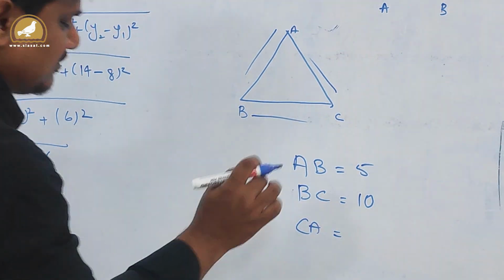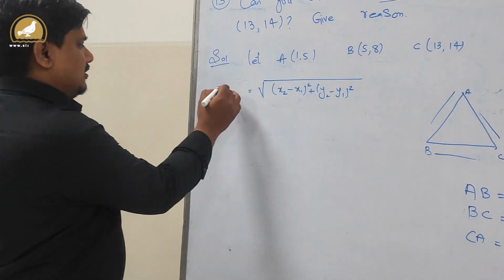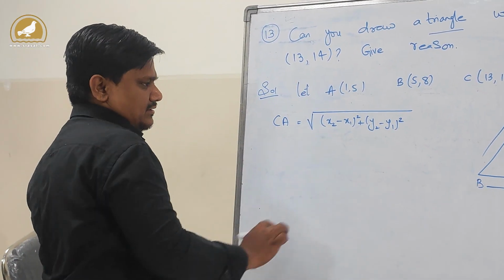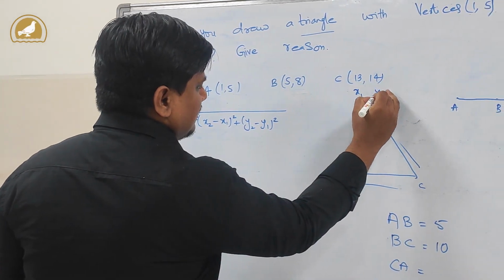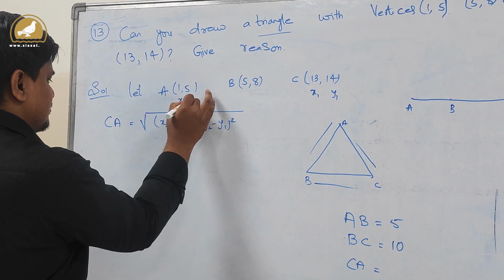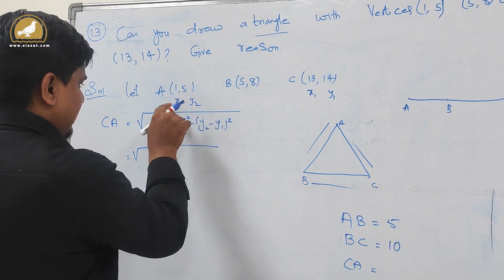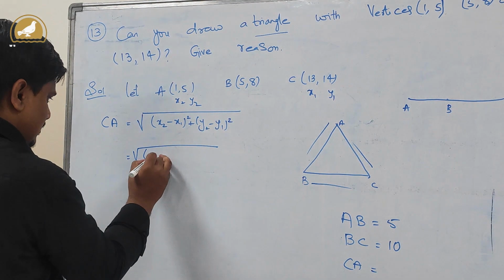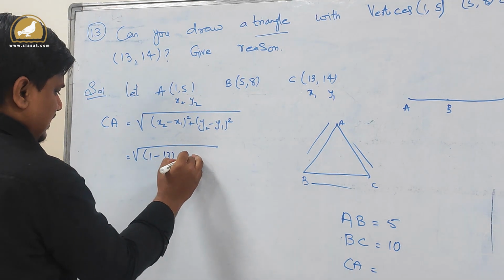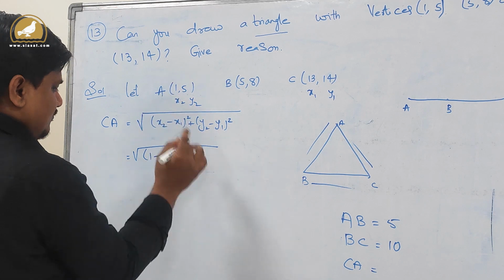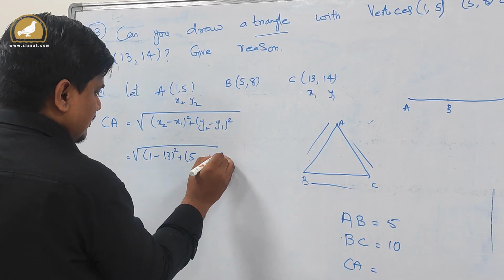Now we'll calculate the distance between C and A. C will become x1, y1 and A will become x2, y2. If we substitute the values, x2 is 1, x1 is 13, y2 is 5, and y1 is 14.